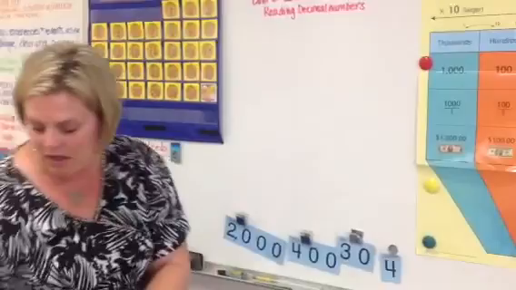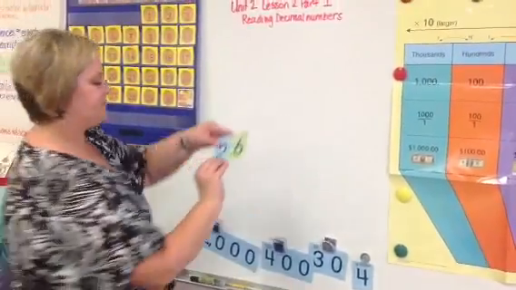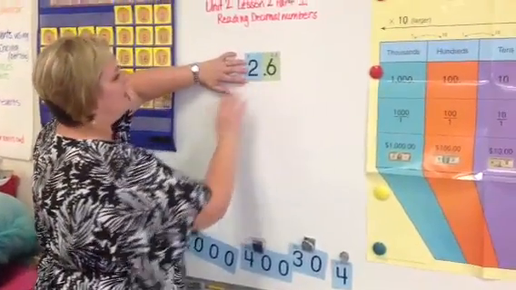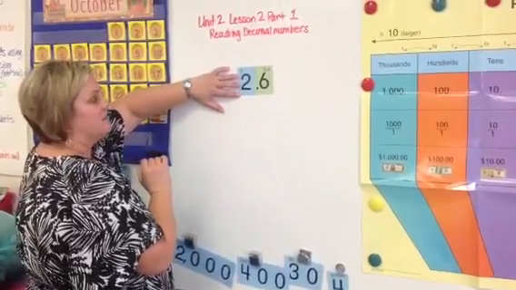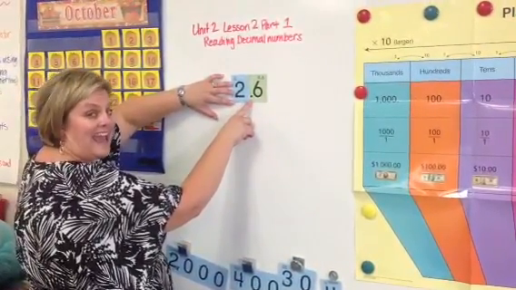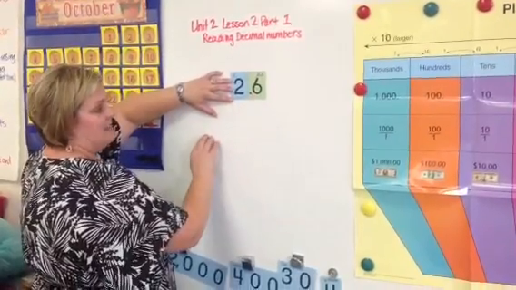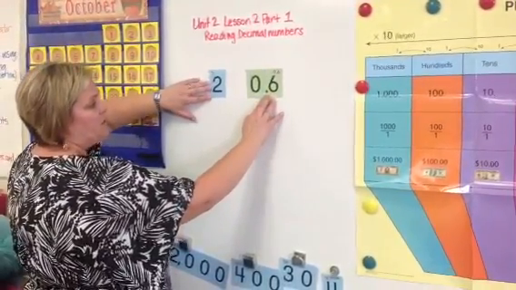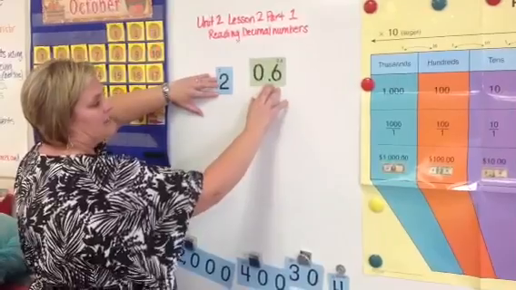Another example might be 2.6. Notice when I get to the decimal, I'm saying what word? And. 2 and 6 tenths. If I were to pull it apart, it would be 2 and 6 tenths.